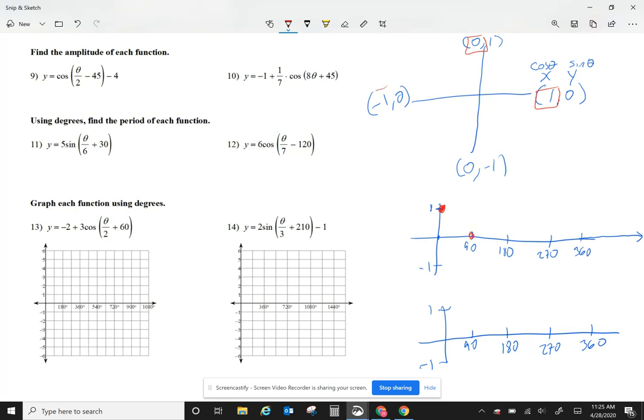At 180 degrees, cosine is negative 1. At 270, cosine is 0. And at 360, it happens to be 1 again. If I was to look at my graph, cosine looks like this. So I'm going to call this cosine of theta.